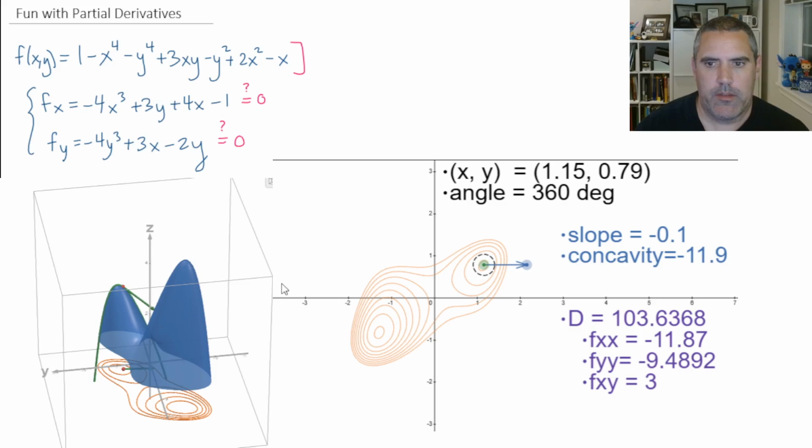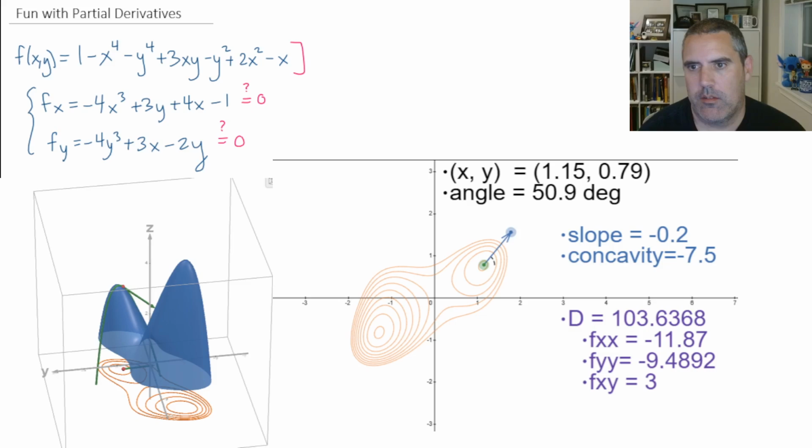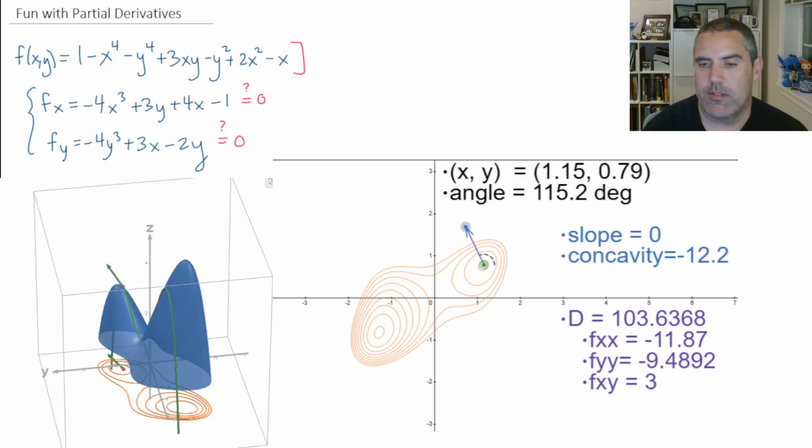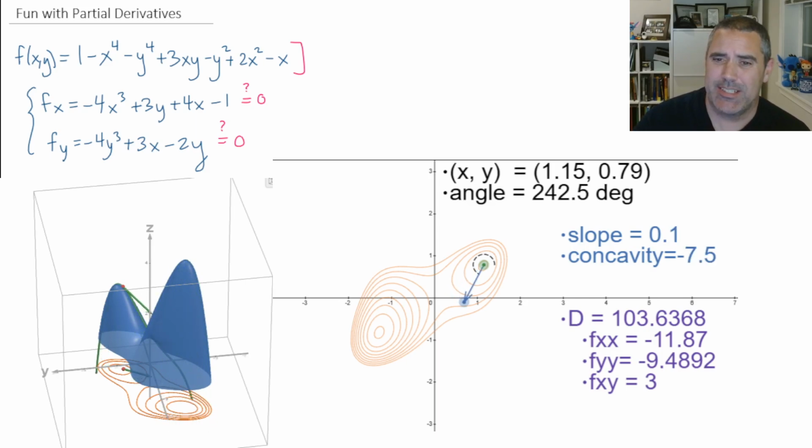The slope is going to be 0 essentially in all directions. Let's move it back to start and let's let it go. It's concave down in all directions. And notice that this so-called D is positive again, and both the mixed partials are negative. So all of those second derivatives are really helping me see that it's concave down in all directions.